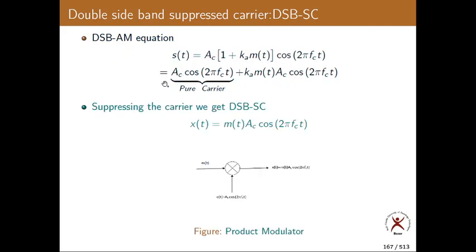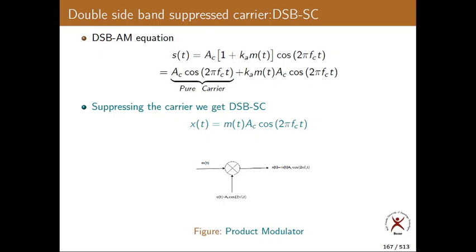So suppressing the carrier, we get DSB-SC, which is simply x of t equal to m of t into Ac cos 2 pi fc t. You can remove this Ac also, not required now. Remove this pure carrier, neglect the Ka, anyway it is constant. You are left with only these terms: m of t Ac cos 2 pi fc t. That is x of t, the DSB-SC equation.